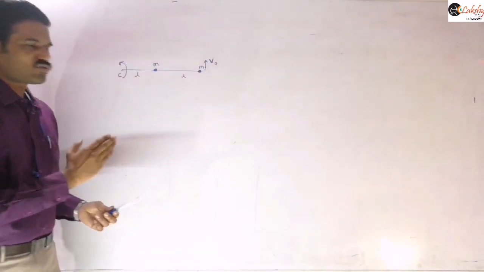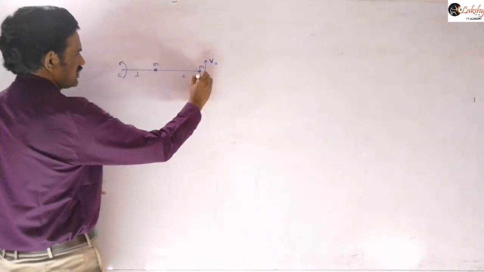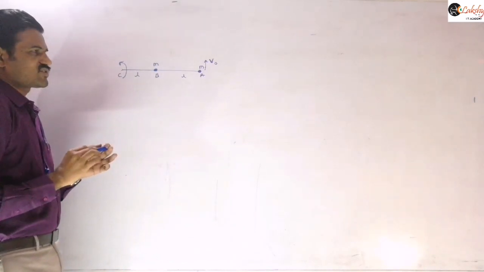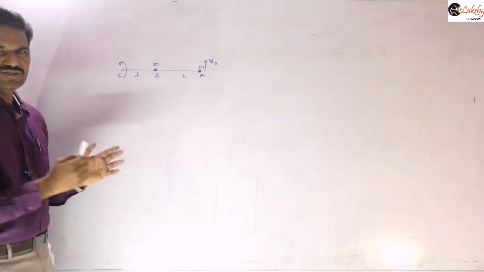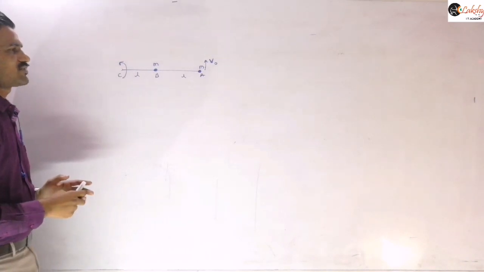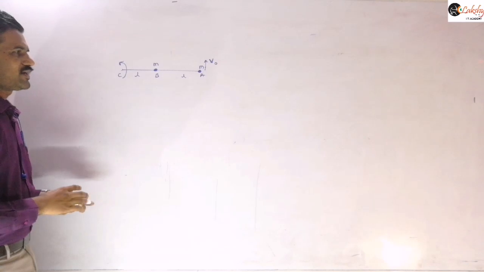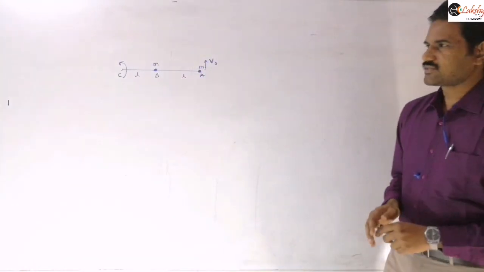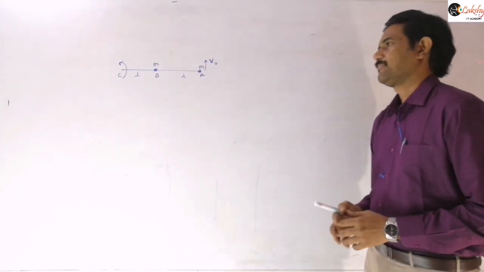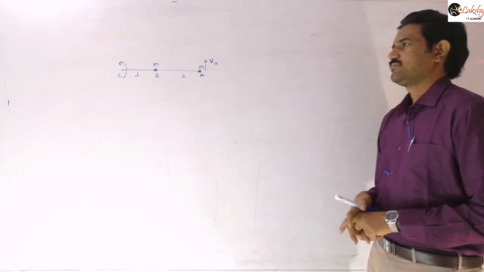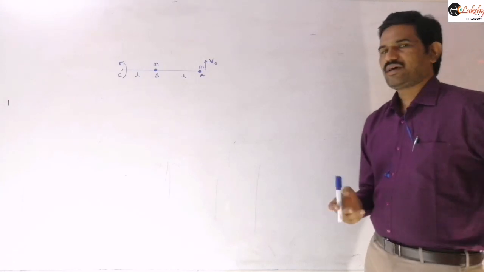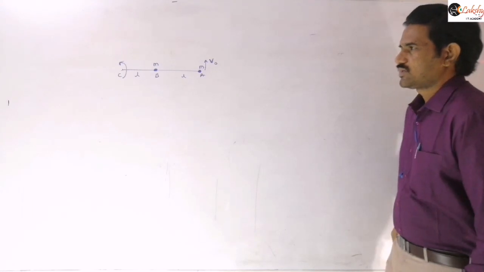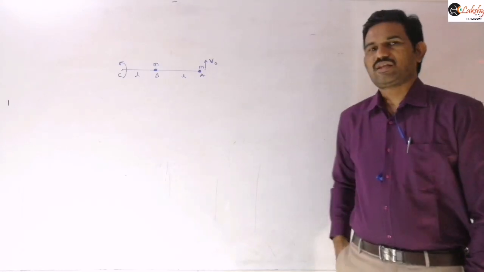Then we need to find the ratio of tension. Suppose this is A, B and this is C. So the ratio of tension in AB and BC we need to find. So just mention that two identical particles A and B are connected by two identical strings each of length L as shown in figure.